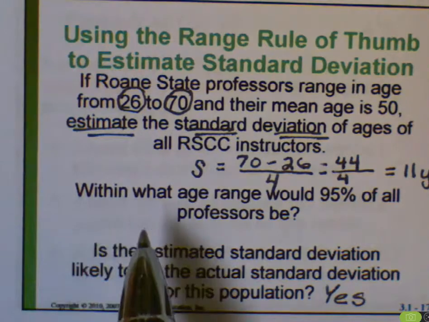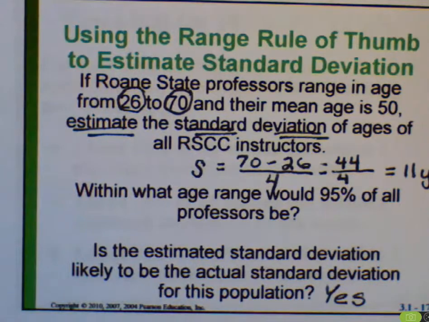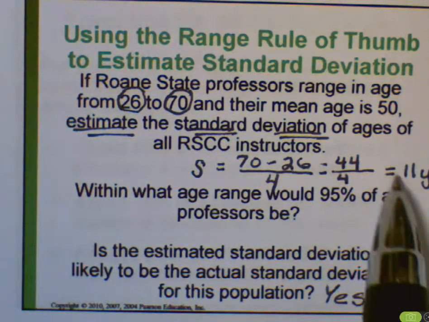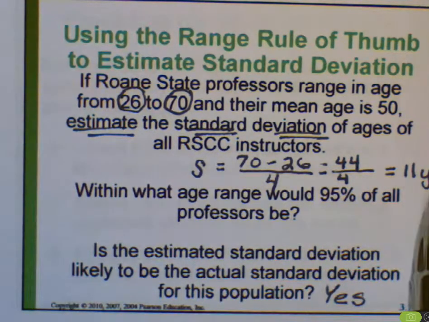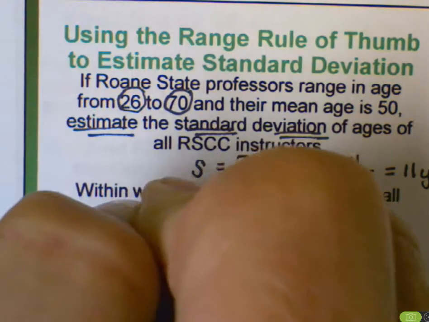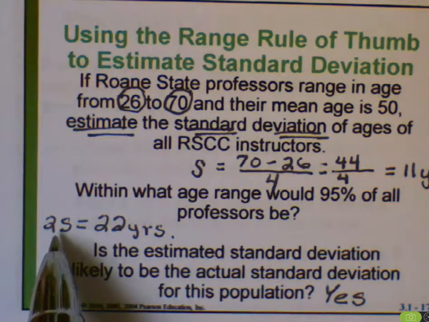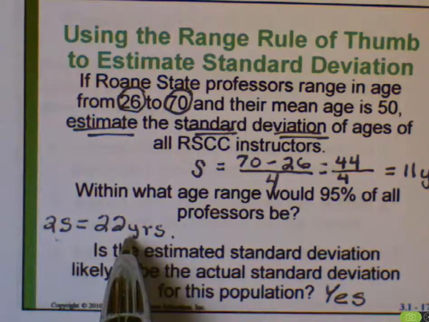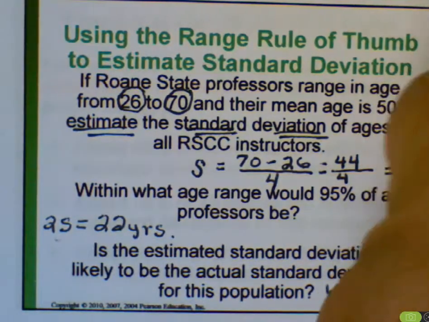We're also asked within what age range would 95% of all professors be? Well, this is our very best estimate of the standard deviation, 11 years. So 2 standard deviations would be 22 years. And the range rule of thumb says that 95% of professors would be within these 2 standard deviations, or 22 years, of the mean. The mean was 50.